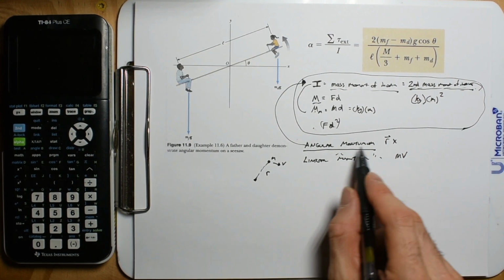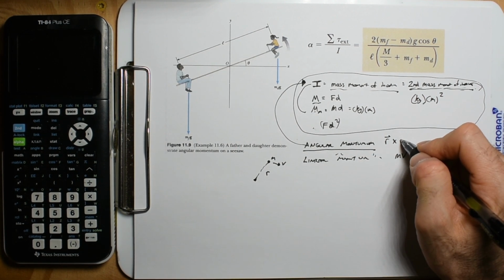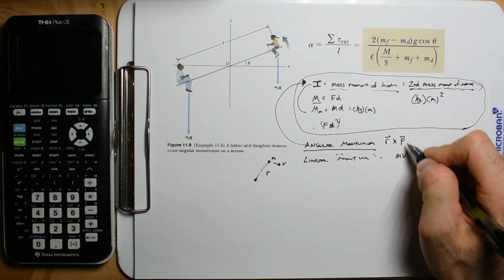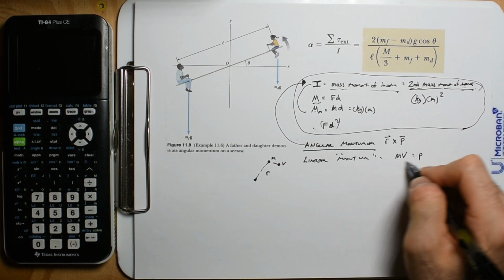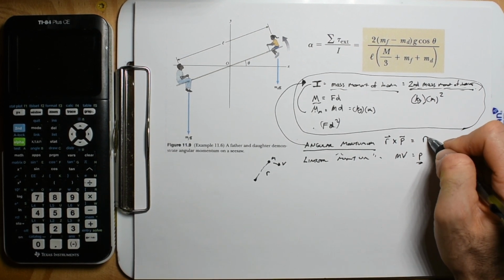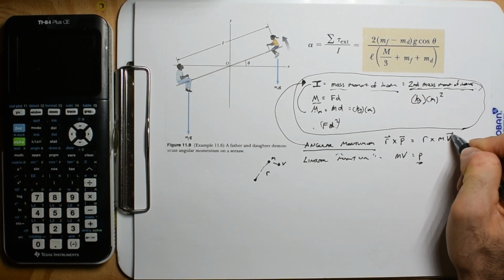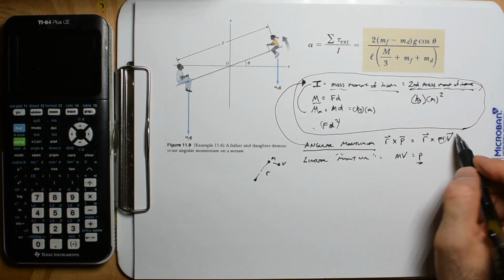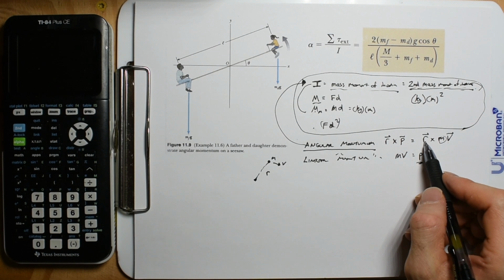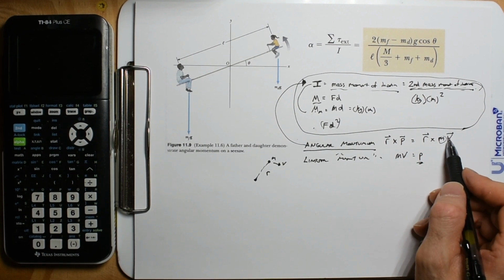But now the angular momentum, well, it's r cross p, the term p. Linear momentum is p, but it's just r cross mv. You know what I mean? And your mass ain't changing, so it's just a cross product between the radius and the velocity.